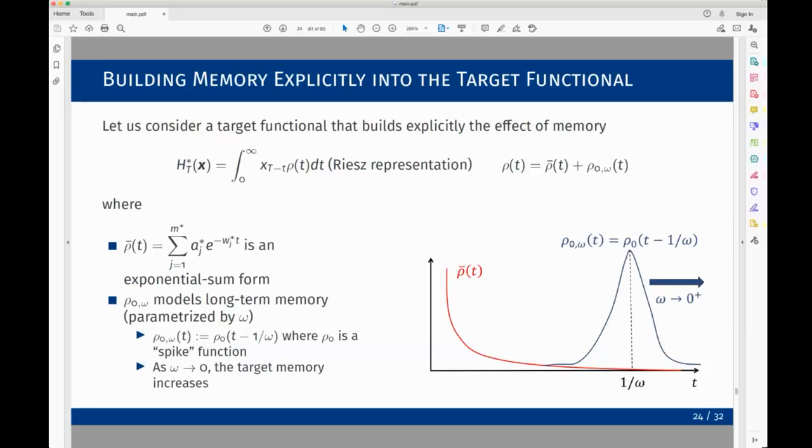You can see here rho 0 omega t is obtained by shifting the template function rho 0 by some distance 1 over omega. So as omega approaches 0, the target memory increases larger and larger because we have a bump or spike at a very long time point.